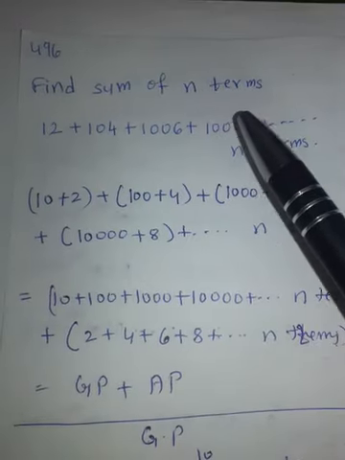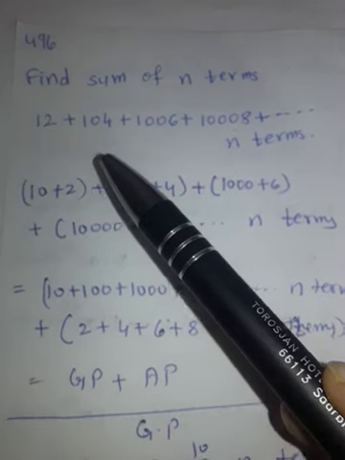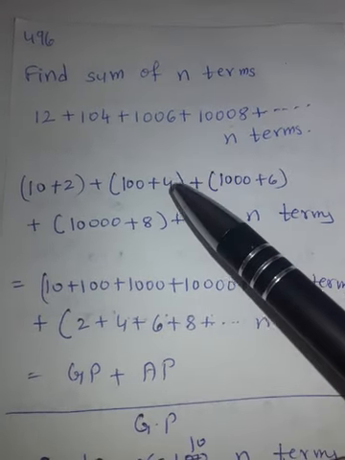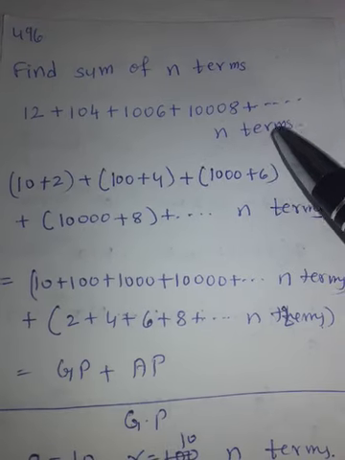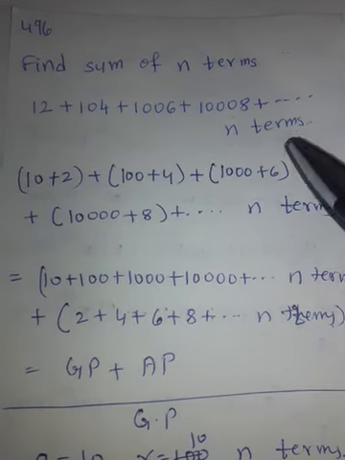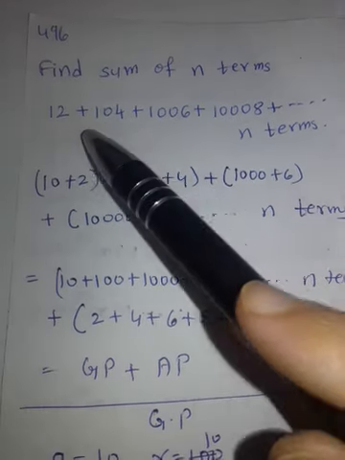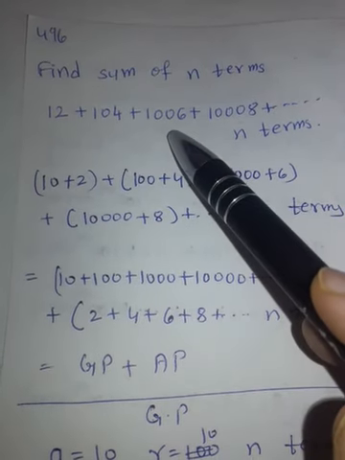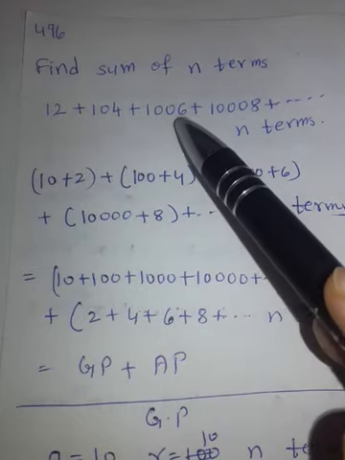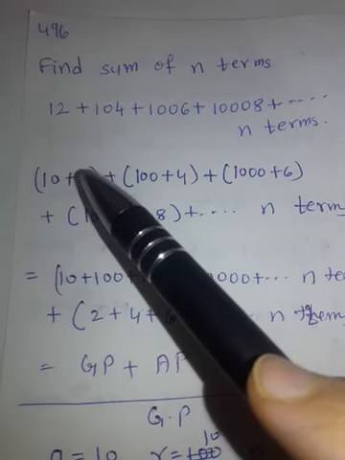Next sum. Find the sum of n terms 12 plus 104 plus 1006 plus 10,008 up to n terms. We need to find their sum. Again, when I look at this sequence, it's definitely not an AP and definitely not a GP. So what can I do now?